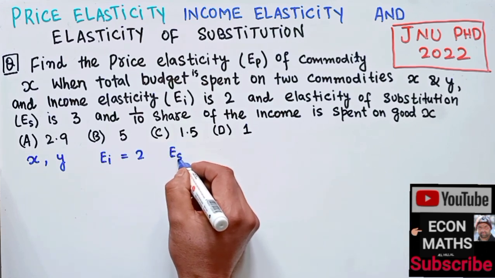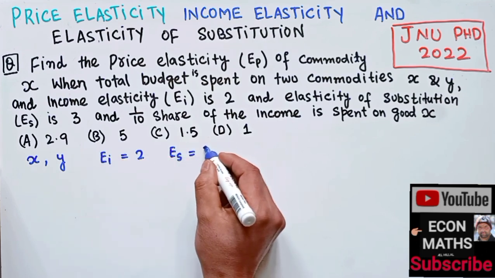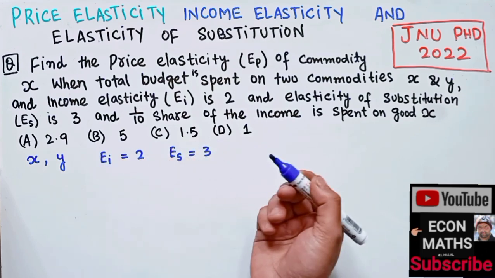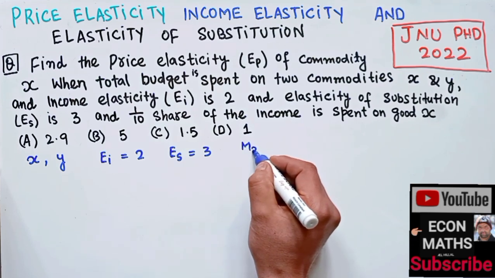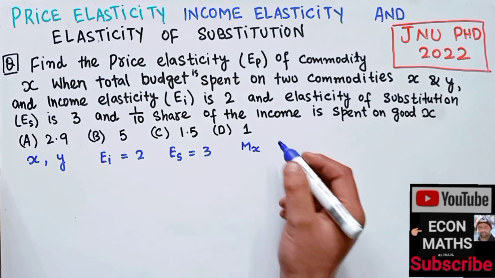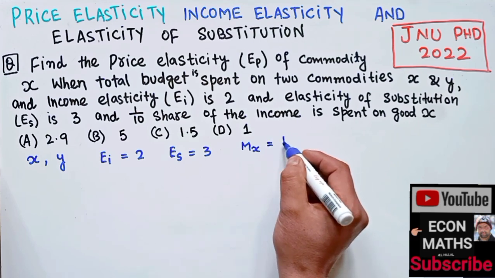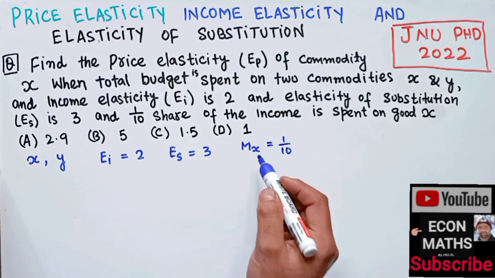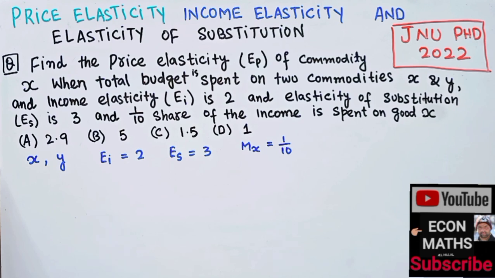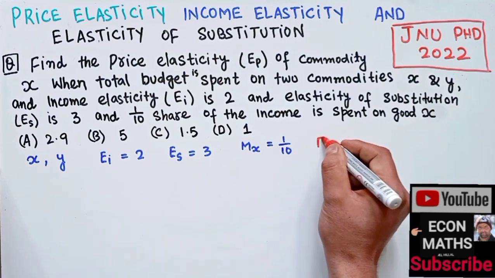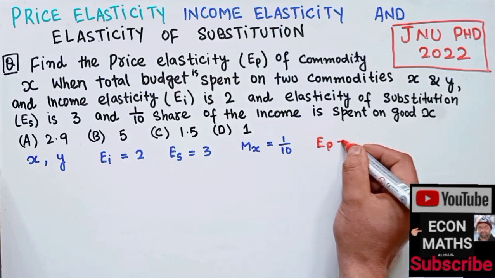Elasticity of substitution is given as 3, and income spent on good X is 1/10. That means the share of income spent on good X is 1/10 of total income. Now we need to find the price elasticity. What will be the price elasticity?